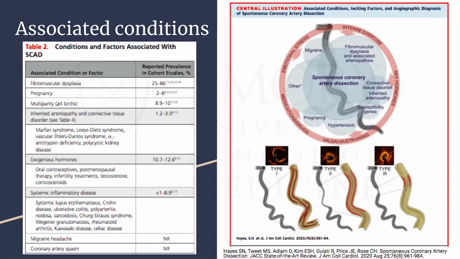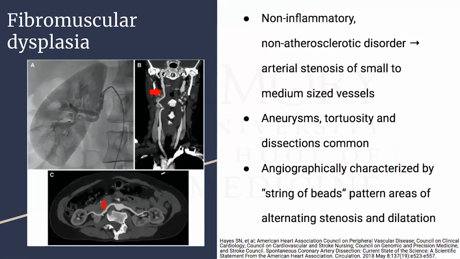Additional associated conditions we'll talk about in a little bit are the association with pregnancy and multiparity. There have also been cases linked to exogenous hormone use, so OCPs and hormone replacement therapies are things that patients would need to be counseled on after a SCAD event.